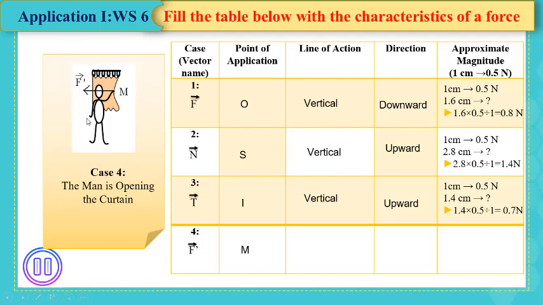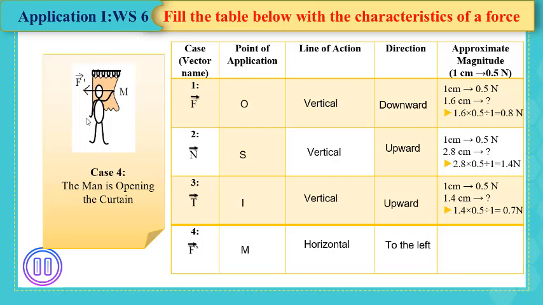It is horizontal. Is the direction upward, downward, to the right, or to the left? The man is opening the curtain to the left, so the force exerted by the man on the curtain should be to the left.